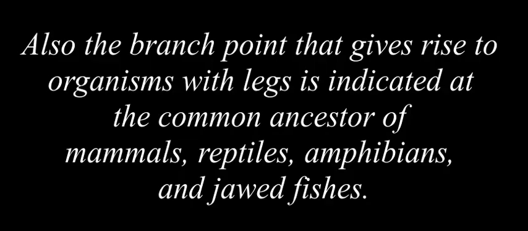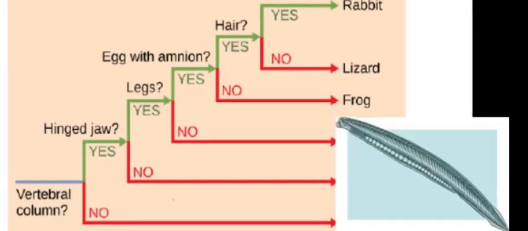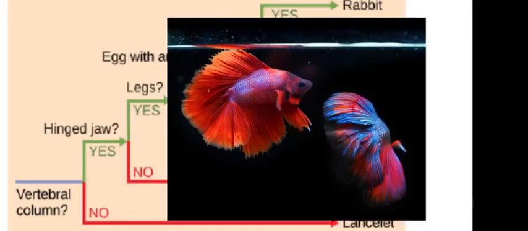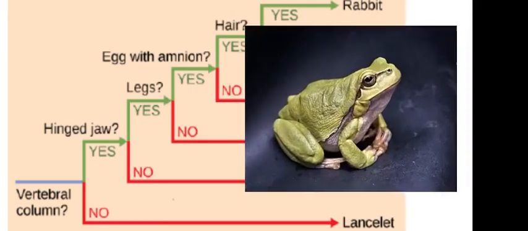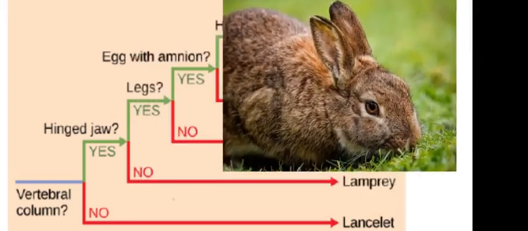Also, the branch point that gives rise to organisms with legs is indicated at the common ancestor of mammals, reptiles, amphibians, and jawed fishes. Figure 12.5. This phylogenetic tree is rooted by an organism that lacks a vertebral column. At each branch point, organisms with different characters are placed in different groups.